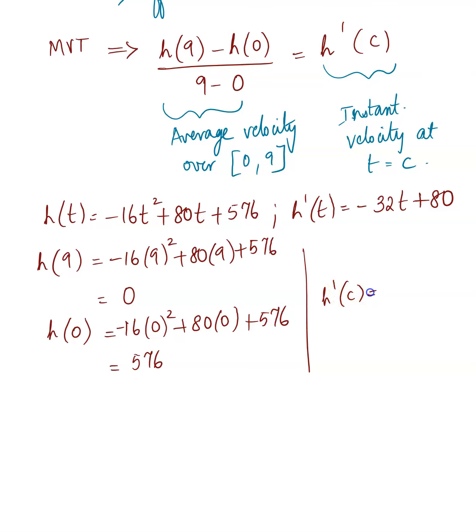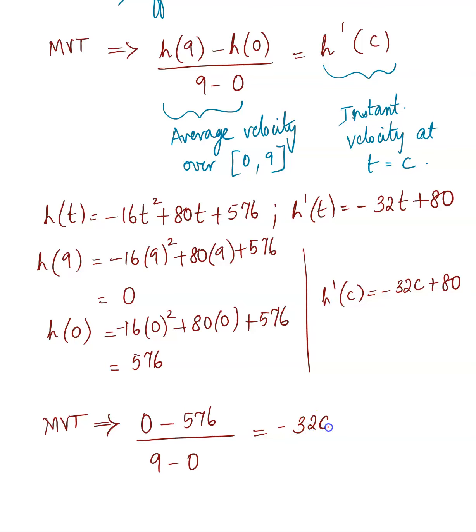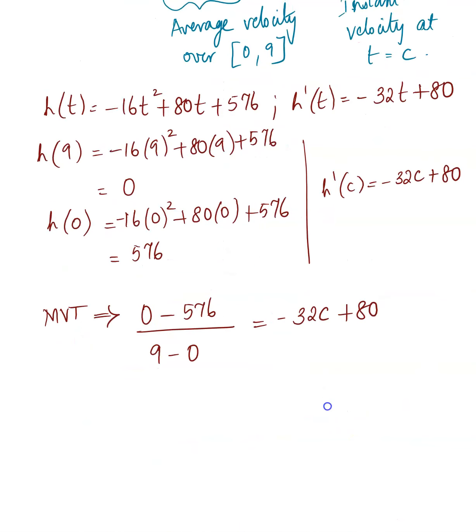h prime of c is negative 32c plus 80. So MVT says 0 minus 576 over 9 minus 0 equals negative 32c plus 80. That gives us negative 576 over 9 equals negative 32c plus 80.